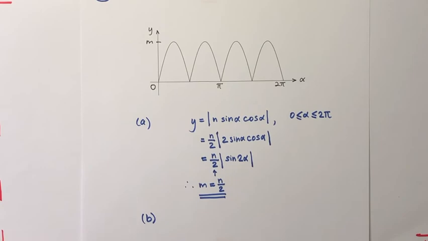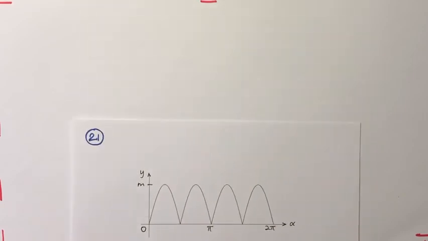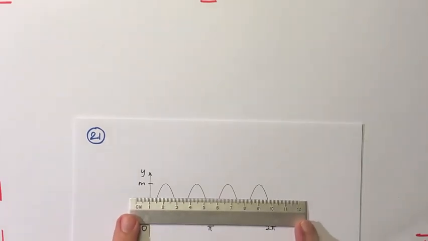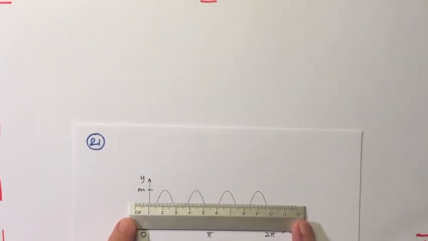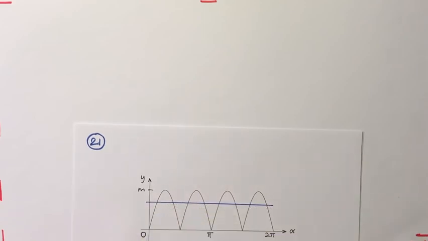For part B, we just have to state the range of values of k for there to be 8 solutions when y equals k. Now, when y equals k, the line is simply a horizontal line. So let's just draw an illustrative horizontal line, maybe something like that.